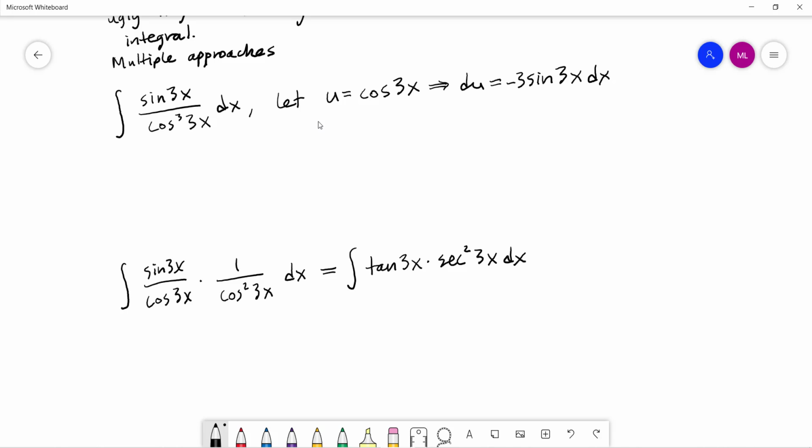Okay, so for my du, I've got -3 sine of 3x dx. I have a sine of 3x dx sitting here, but I don't have the -3 that I might want.